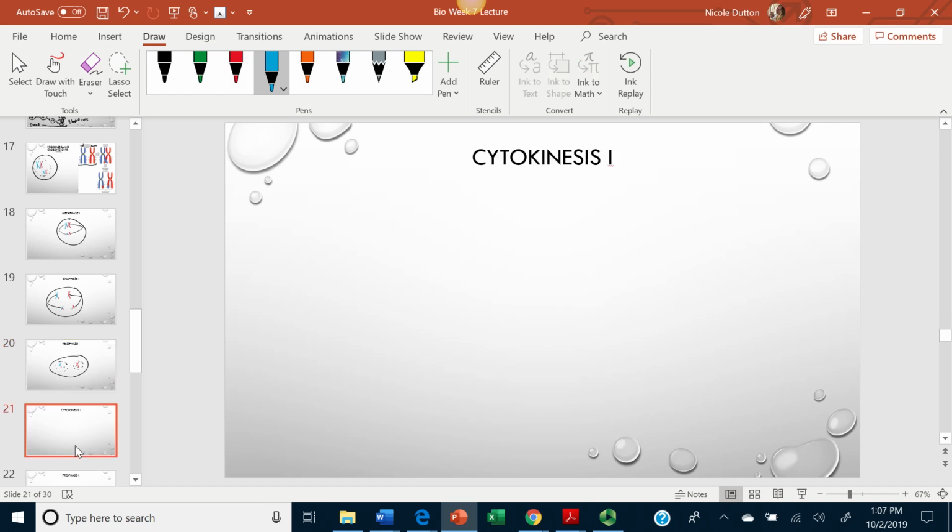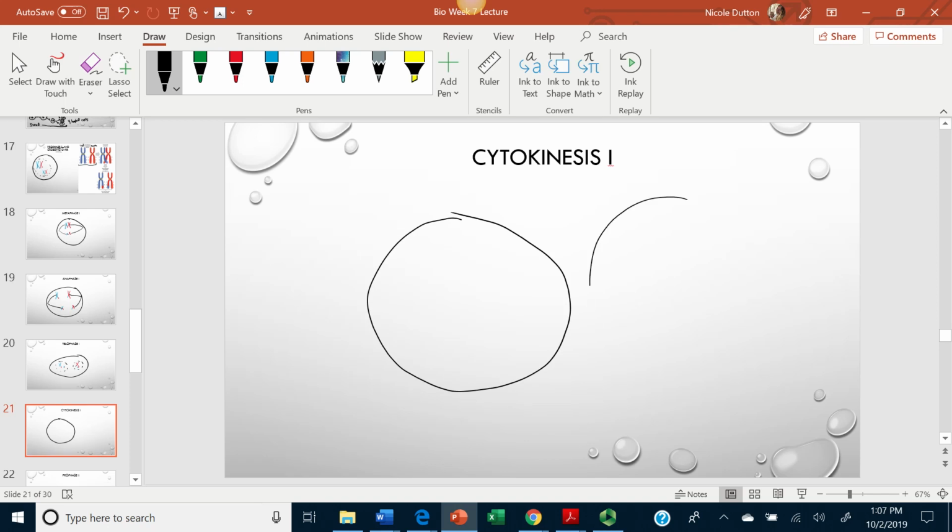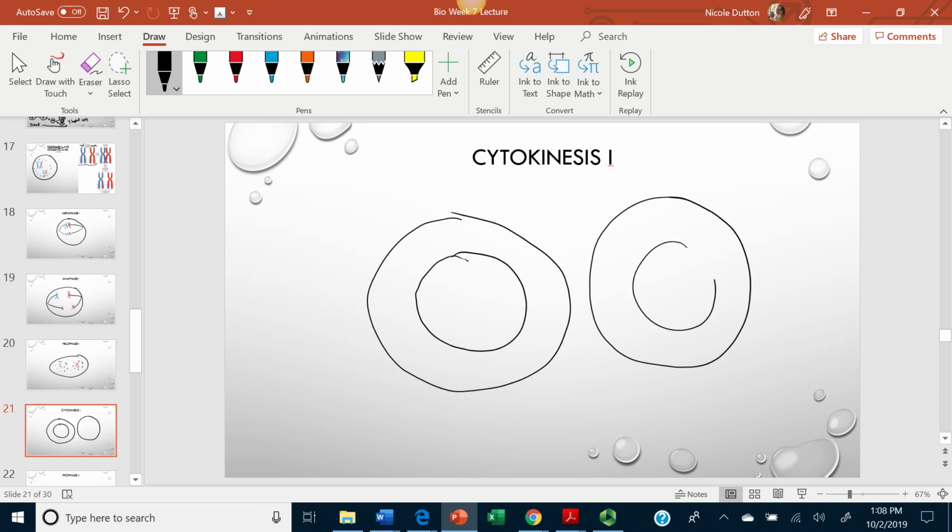And then cytokinesis 1, you're going to end with 2 cells that have 46 chromosomes. And I'm only drawing 2 pairs of chromosomes, but drawing 46 would take forever.